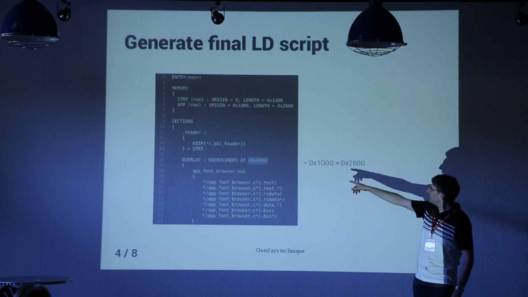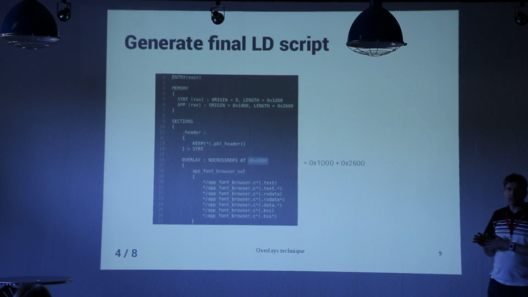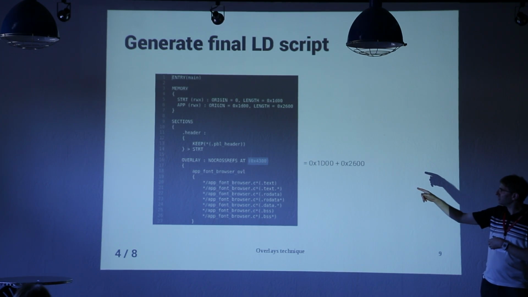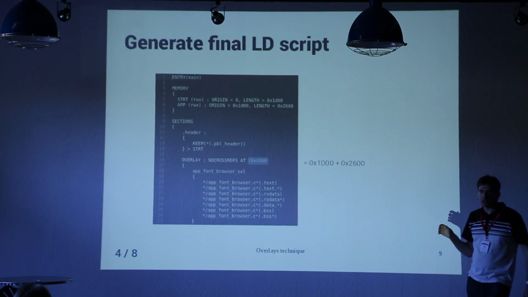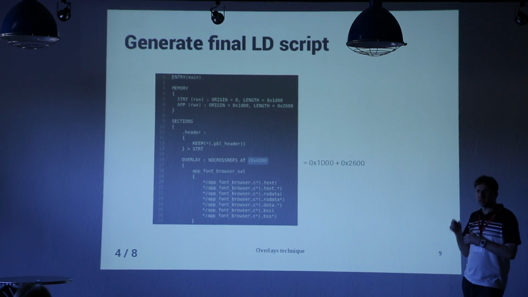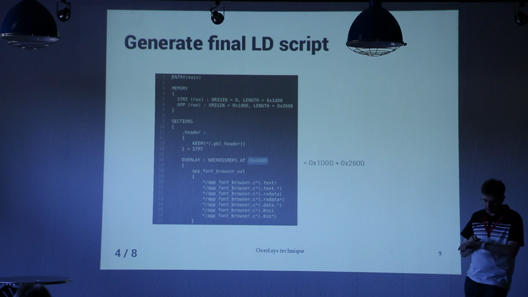And the overlay will start, in practice, in the position in the file, after the main program. But each overlay section is compiled to run from the area at the beginning of the memory, while it's stored starting at this address.